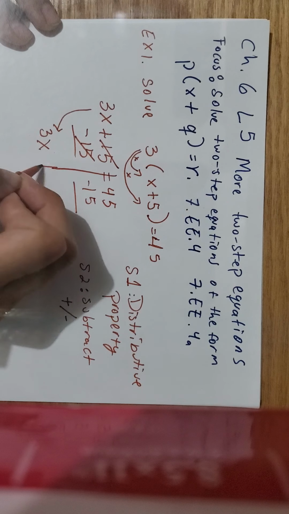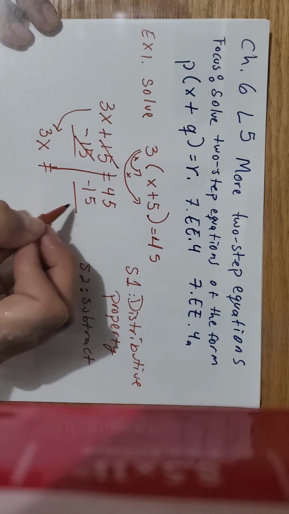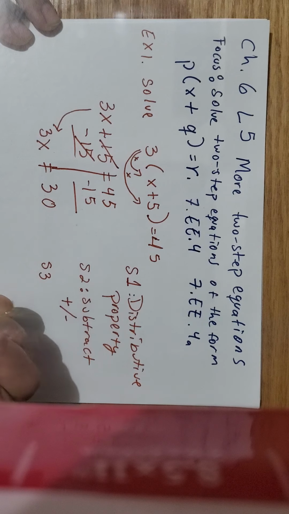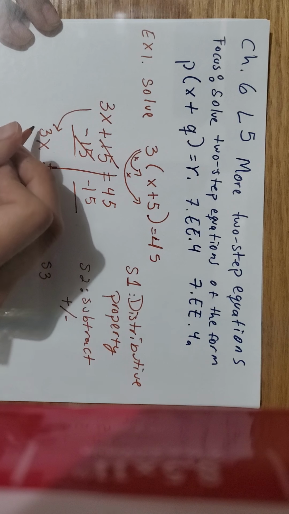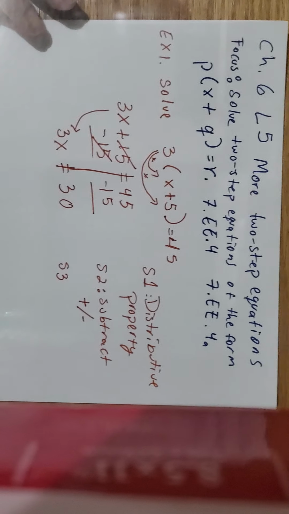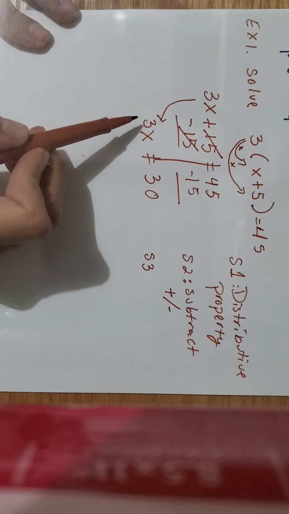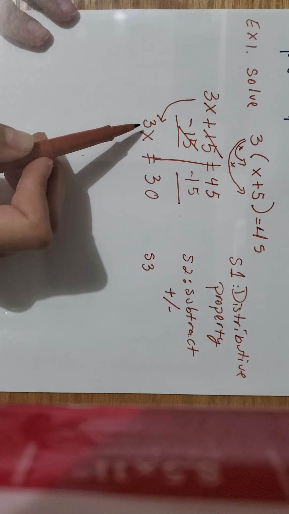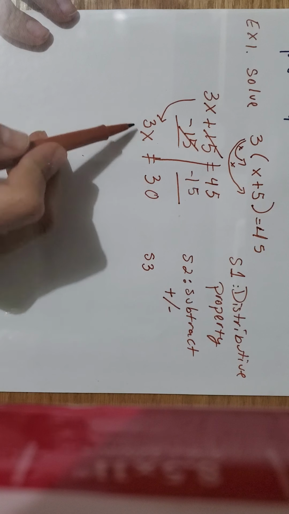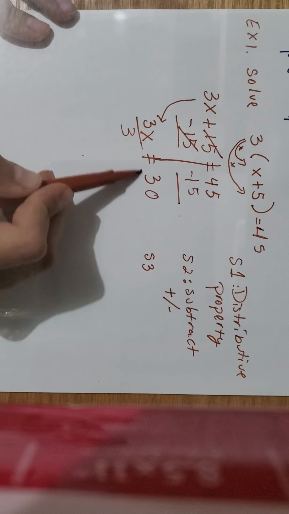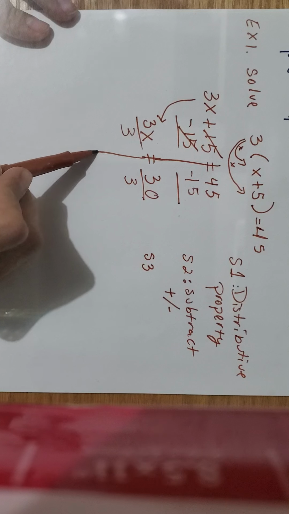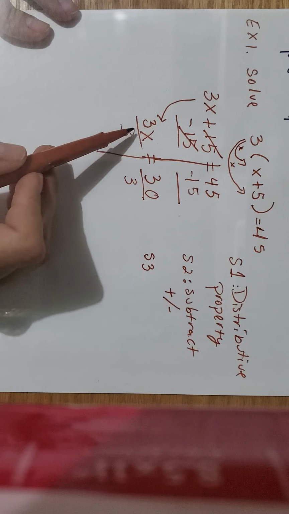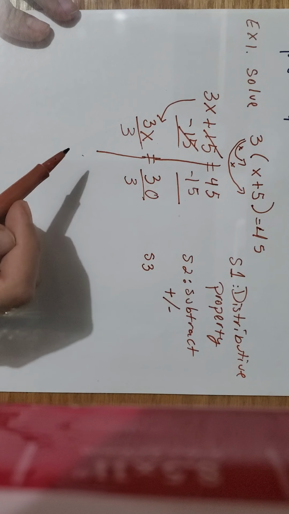3x equals 45 minus 15 equals 30. Okay, now step 3, opposite. Remember, you have a coefficient and then a variable. So they're next to each other. That means multiplication. The opposite is division. You have to do it to both sides, and you're doing it with the coefficient, which is whatever number is in front of the letter, because you want the letter to be alone.